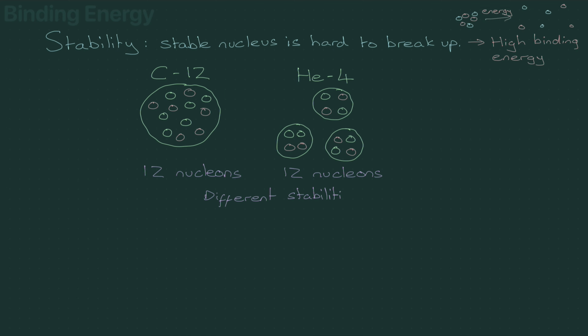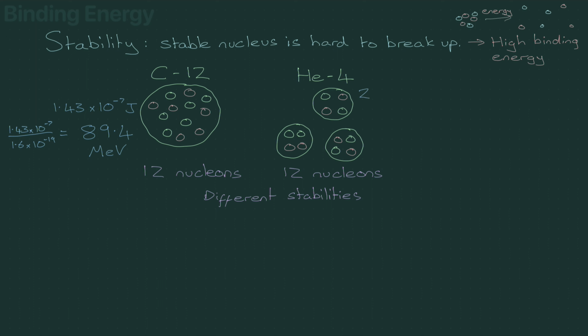We already know that the binding energy for carbon-12 is 1.43 times 10 to the minus 11 joules. Converting that to electron volts, we divide by 1.6 times 10 to the minus 19, giving 89.4 mega electron volts.